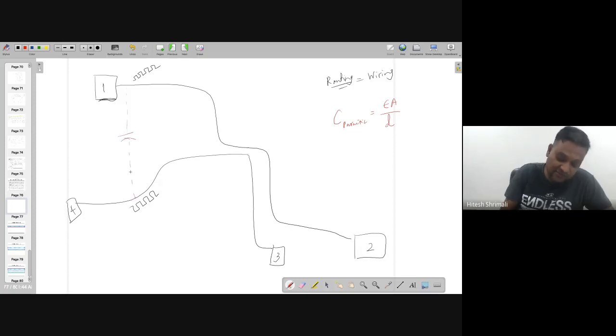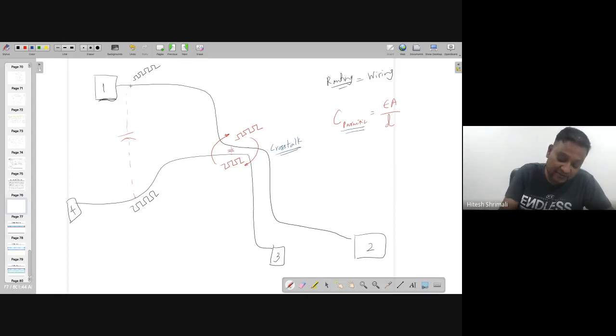As this distance is big, it's not a problem, but as they go nearby, you can observe that this signal can disturb this signal, and this signal is disturbing this signal. Such a phenomenon is known as crosstalk. So crosstalk will happen along with the parasitic capacitance.